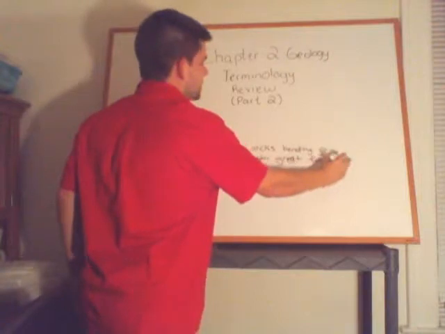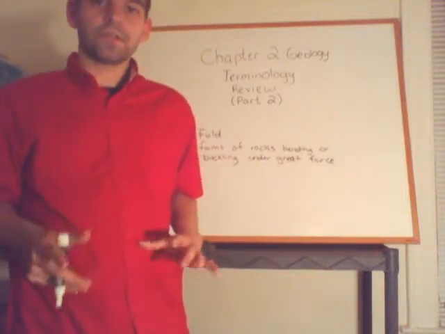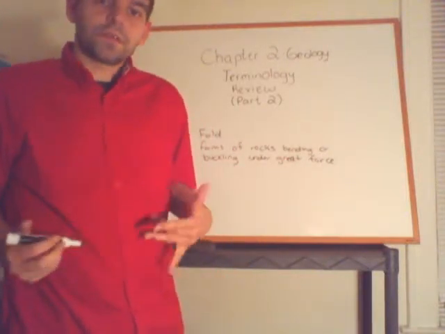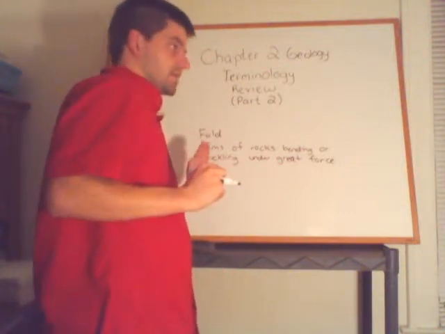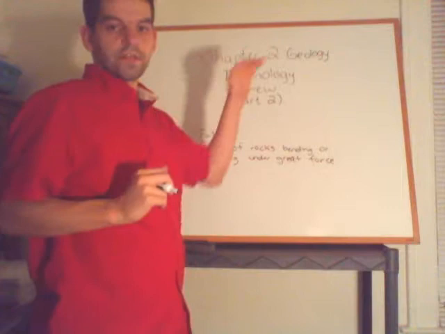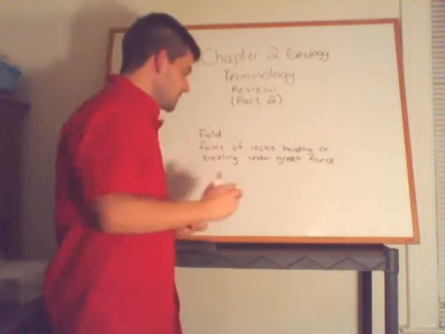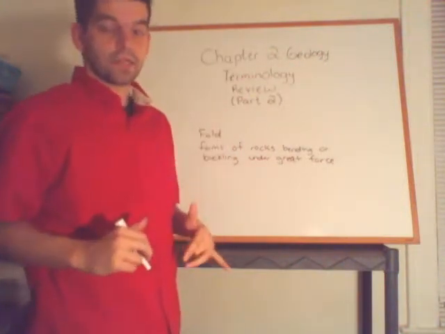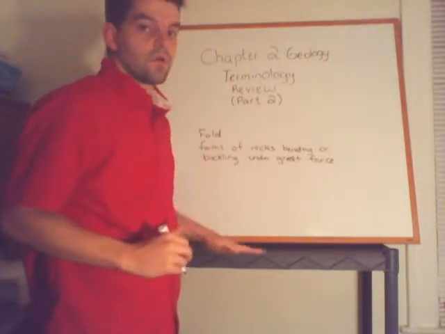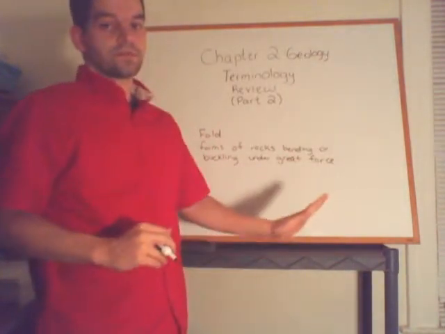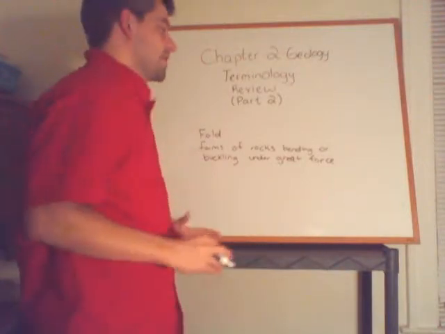Okay, so in the last video we talked about the two different kinds of folding processes. We talked about the anticline, which is when this folding process takes place and the rocks form an arch-like structure. And then we talked about the syncline, which is the trough-shaped or dip-like bending structure of the rock formations. Now think about this.